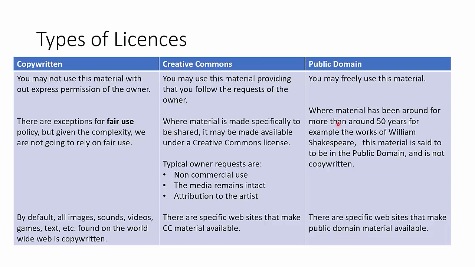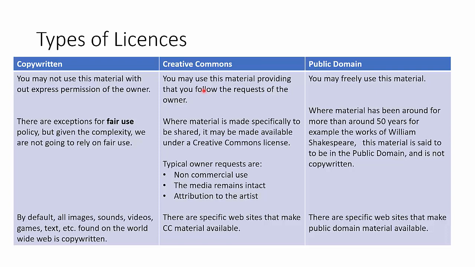Now, in between these two ends of the spectrum, we have something called Creative Commons. Creative Commons material is material that you can use and share without the express permission of the owner, providing you follow some simple rules. You don't have to seek permission to use this media, providing you follow some simple rules set up by the owner.